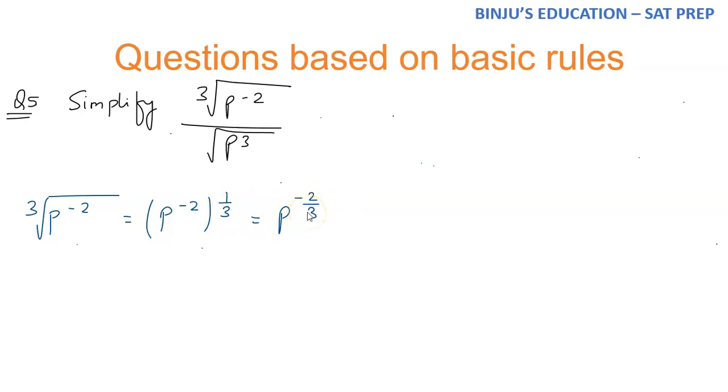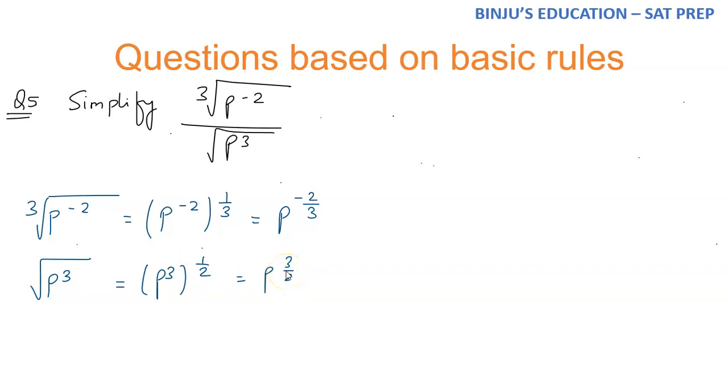Okay, now let's come to the denominator part. This will become p cube, and we are doing square root of it, so this will become p cube whole to the power half, so this will become p to the power 3 by 2.